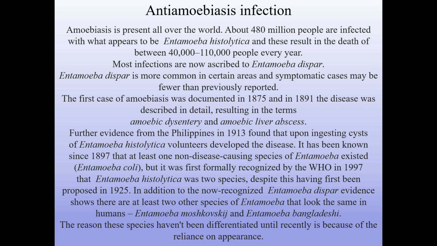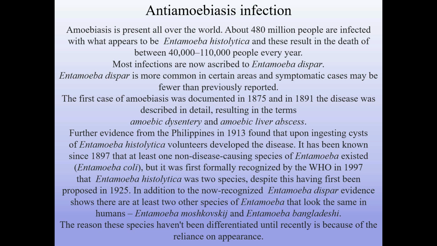The first case of amebiasis was documented in 1875, and in 1891 the disease was described in detail, resulting in the terms amoebic dysentery and amoebic liver abscesses. Further evidence from the Philippines in 1913 found that upon ingesting cysts of Entamoeba histolytica, volunteers developed the disease.